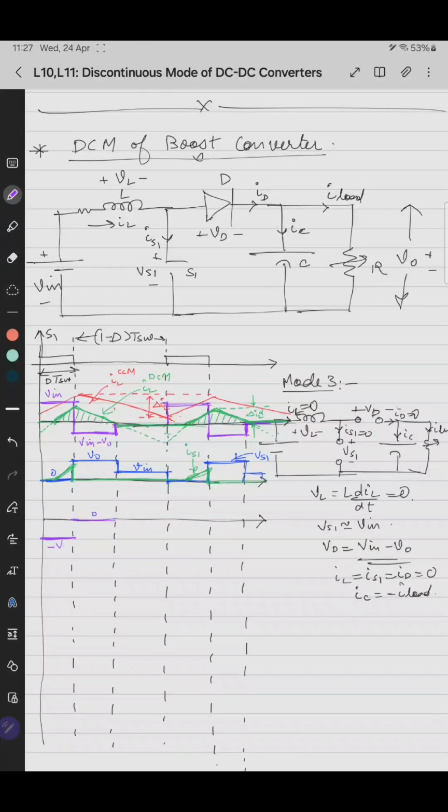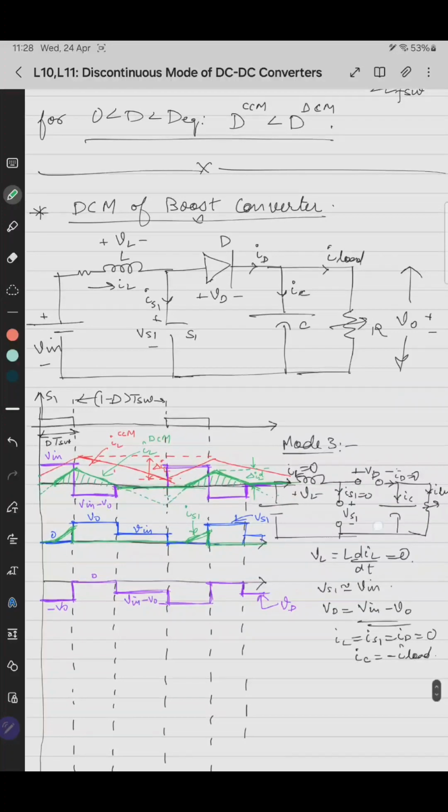This is 0, this is minus V0. And for the third case, VD is Vin minus V0. So V0 is greater than Vin, so it is negative, but slightly more than this. So it is this. Here it is Vin minus V0. Similarly, it is V0, 0 and Vin minus V0. This waveform belongs to VD.